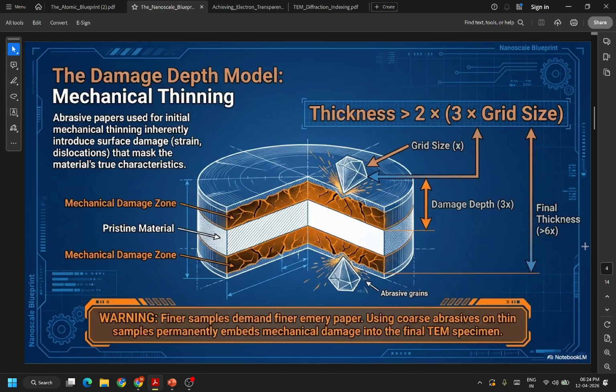So how do the materials get damaged during thinning? Abrasive papers used for initial mechanical thinning inherently introduce surface damage, that is strain and dislocations that mask the material's true characteristics.